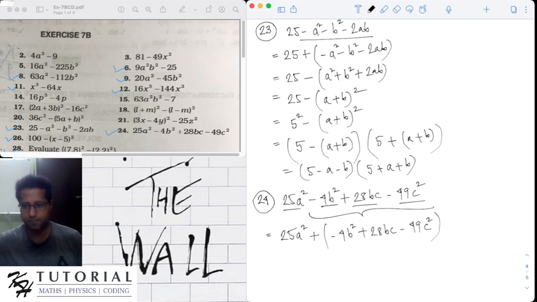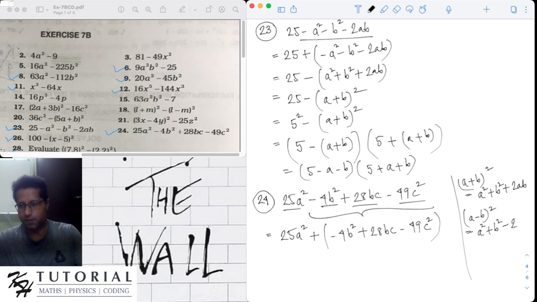Now we know that a plus b whole square, from the identity, is equal to a square plus b square plus twice ab, and also we know the identity a minus b whole square is equal to a square plus b square minus twice ab. In both identities, a plus b whole square and a minus b whole square, the a square plus b square is common.